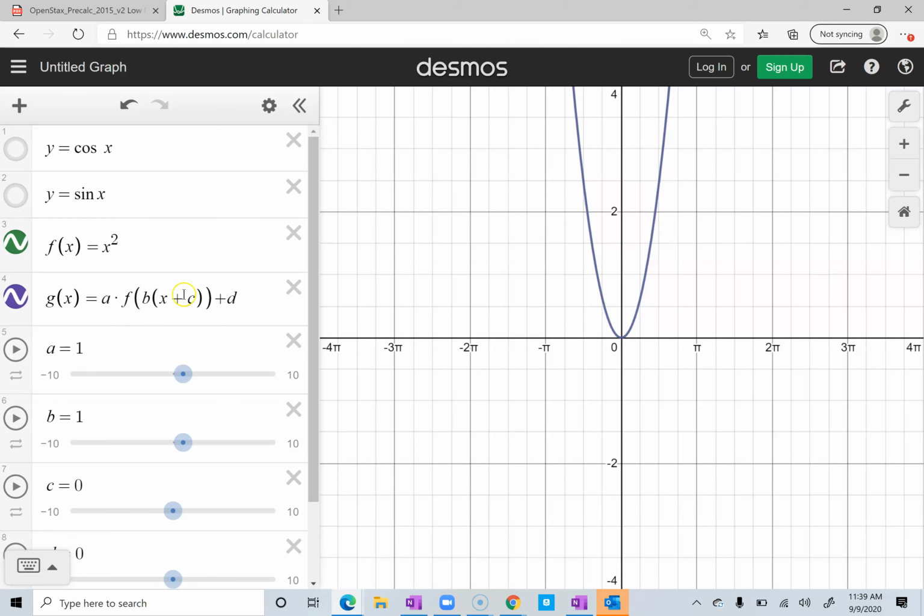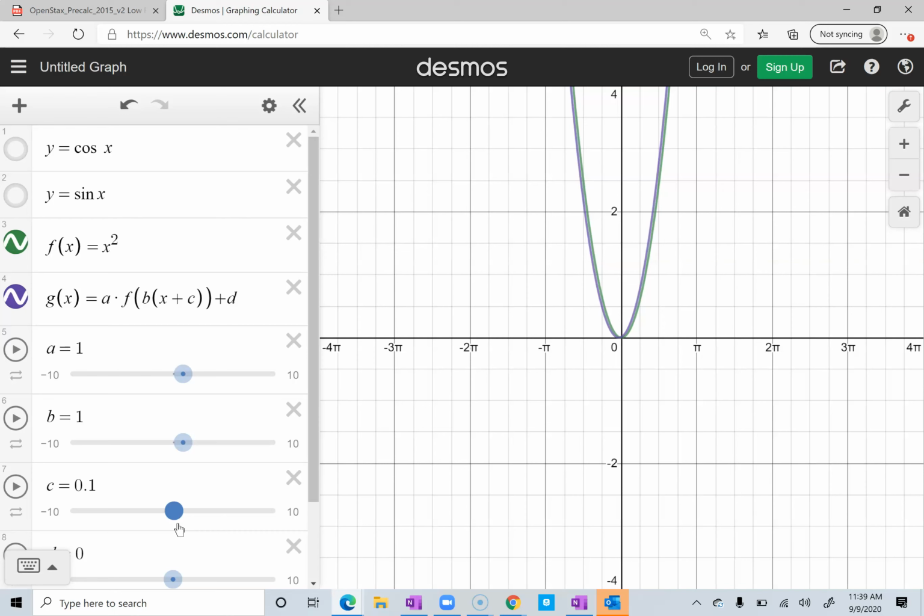Look at C. C's inside, so it's X, but it's inverse. It's opposite of how we think. I've got a plus in here. So if I make C positive, it moves to the left. If I make C negative, it moves the other way. So the adders shift it up, down, left, right, depending on X and Y.